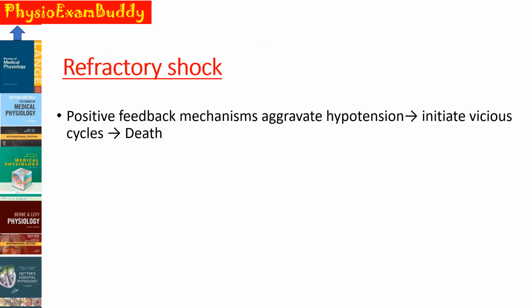So that finishes the compensatory mechanisms in hypovolemic shock, and we will see what refractory shock is. Various positive feedback mechanisms can aggravate the hypotension induced by the blood loss and tend to initiate vicious cycles which may lead to death.